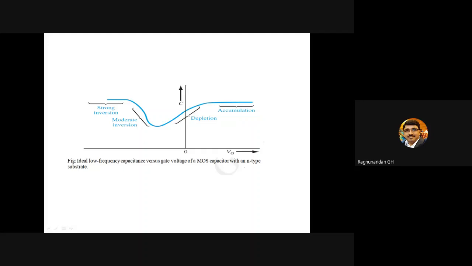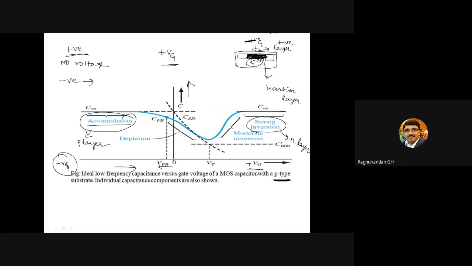Now it is with respect to N type. In N type, what happens when you apply positive gate voltage? In N type it is exactly reverse. In N type, the accumulation charges are electrons. Please remember, in P type, the accumulation charges are holes.